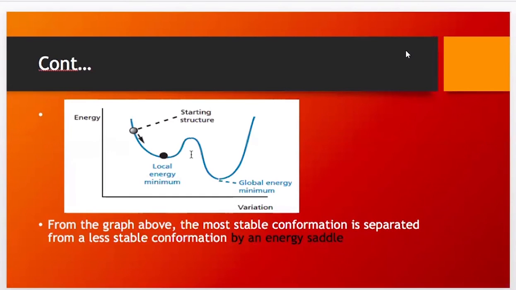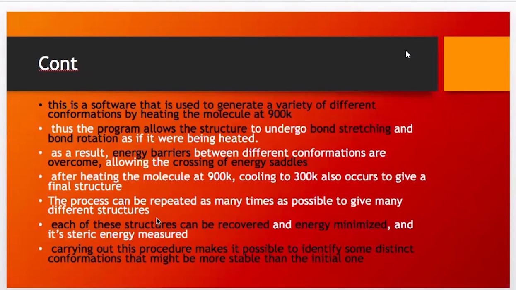So with molecular dynamics, unlike the energy minimization program, it is able to overcome this energy saddle, which is between two different conformations of the compound. Why? Because of the way it is designed, being exposed to heat.